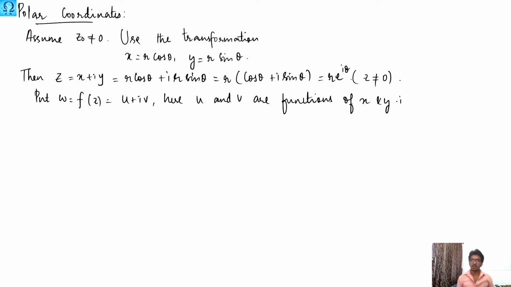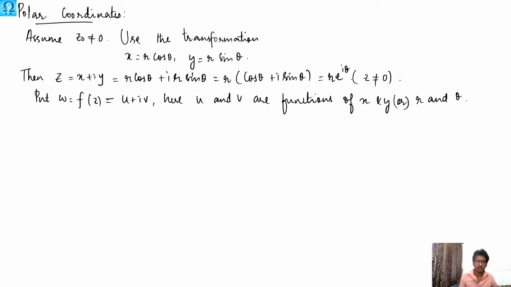Now they turn out to be functions of what? r and theta. Okay, these things are happening. Now this f of z is a function of r and theta.